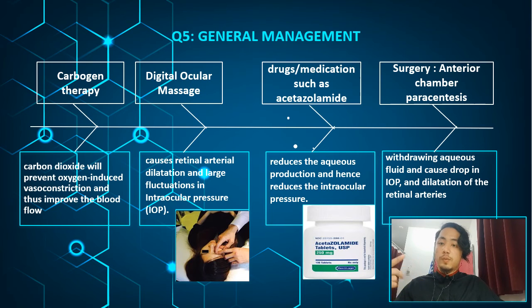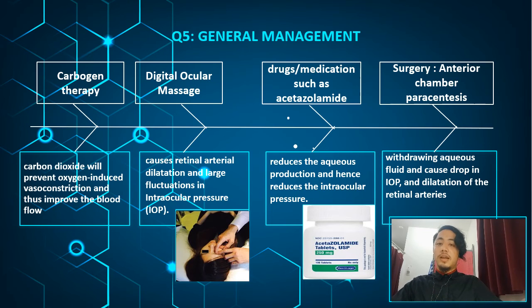As the aqueous production drops, it will also decrease the intraocular pressure, or IOP. As we know, as the IOP decreases, it will increase the ocular perfusion or retinal circulation in our eyes. Oh, I forgot to mention that this method is only for short-term therapy.